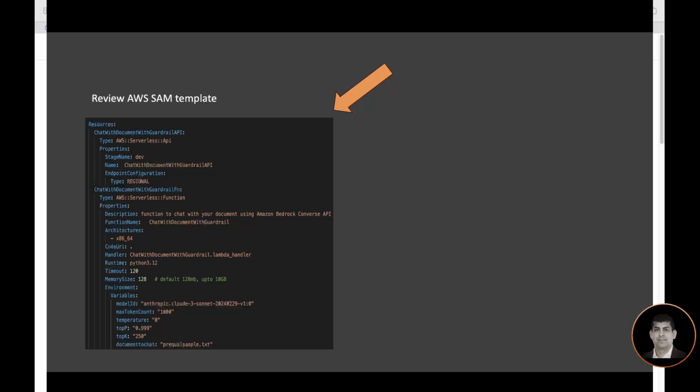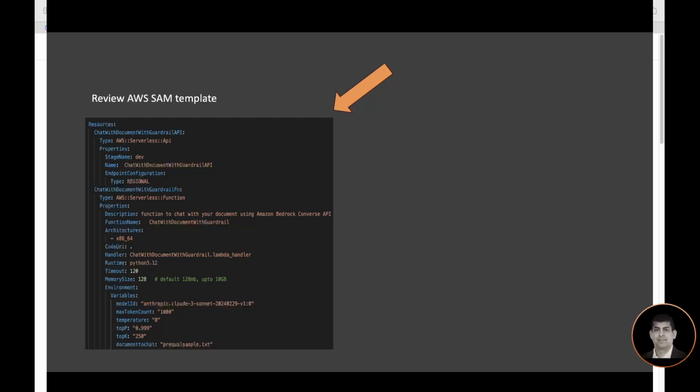I have two resources defined in the SAM template: one is the API, and the other one is the Lambda function. In the Lambda function, I have the name of the function and my Lambda handler. I have a runtime as Python, and I have a timeout. I like to use environment variables since that gives me flexibility to change the values and try out my functions with different values.